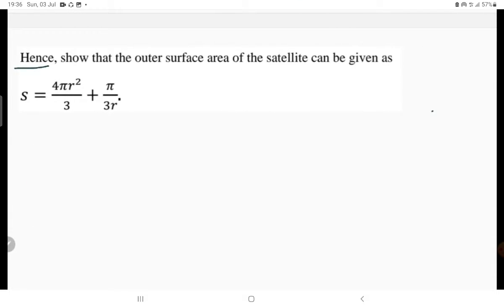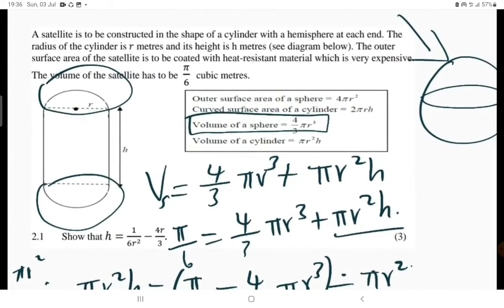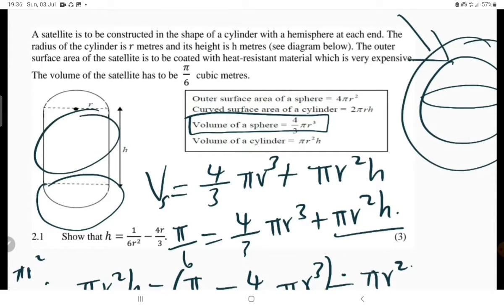Hence, show that the outer surface area of the satellite can be given as S, which is in that expression. So now you need to remember the surface area of these two shapes, the sphere and the cylinder on its own, right?